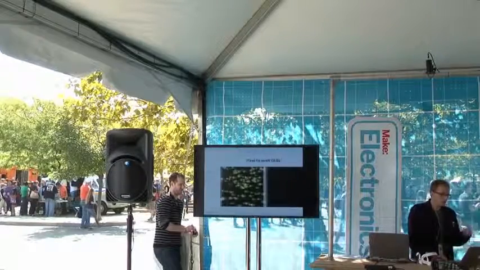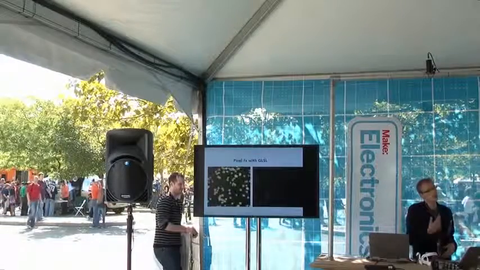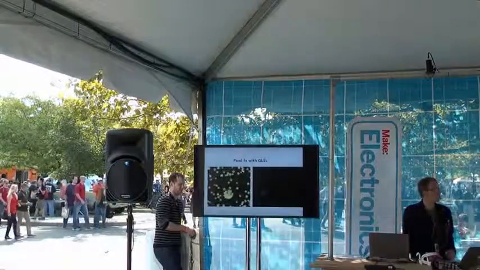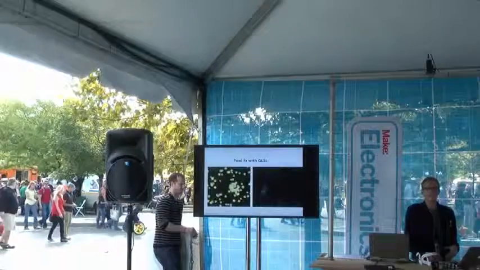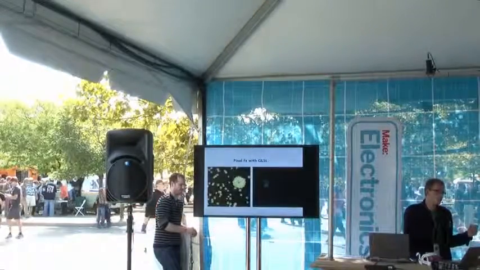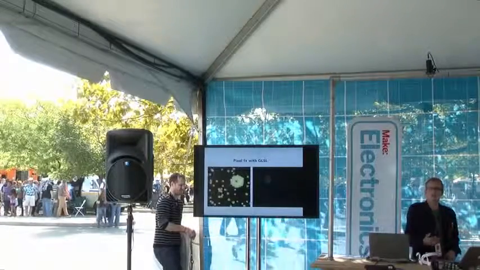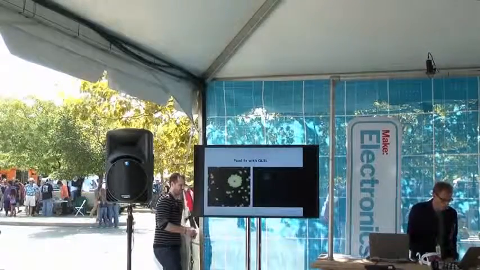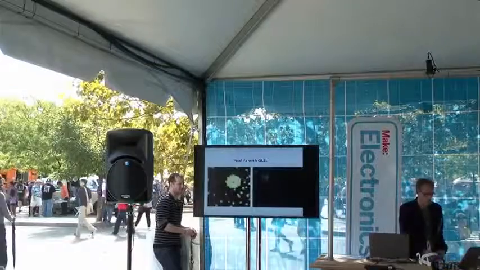A second iteration uses pixel effects with GLSL. GLSL is OpenGL shading language, and it allows you to create pixel effects also at runtime from Python code.